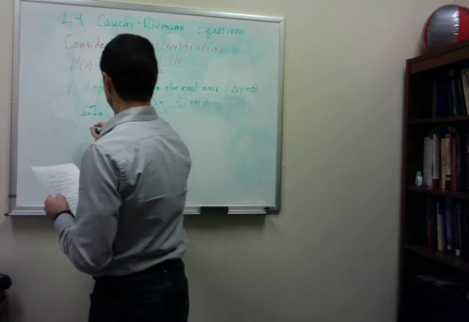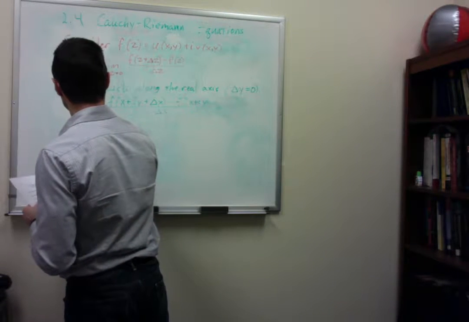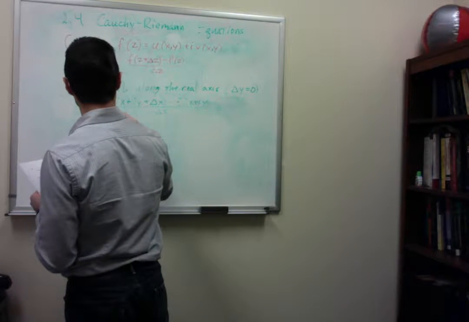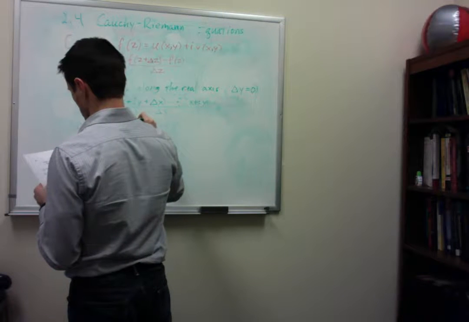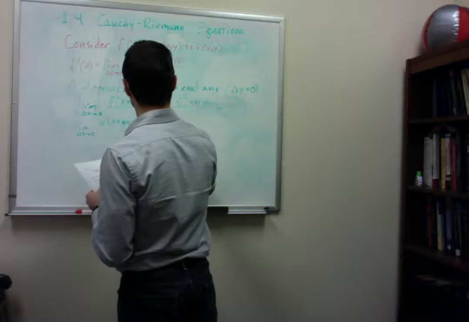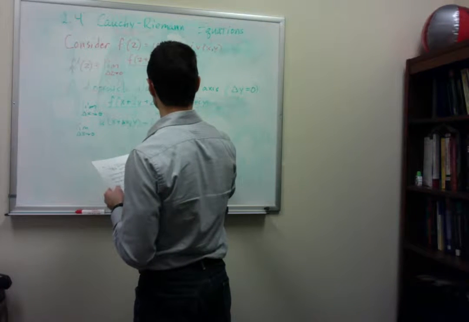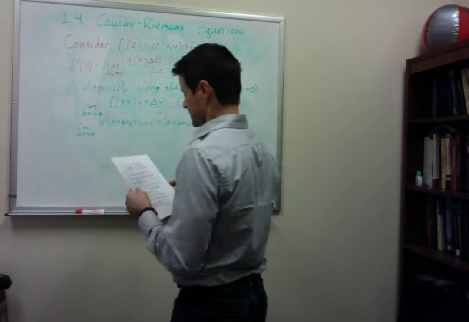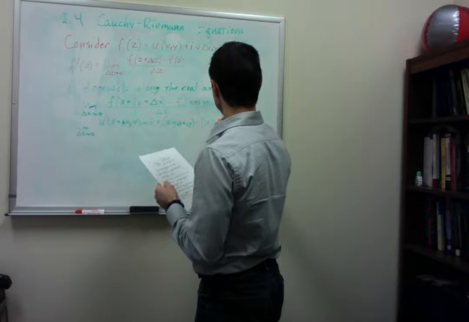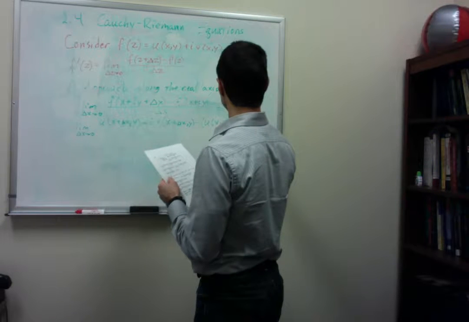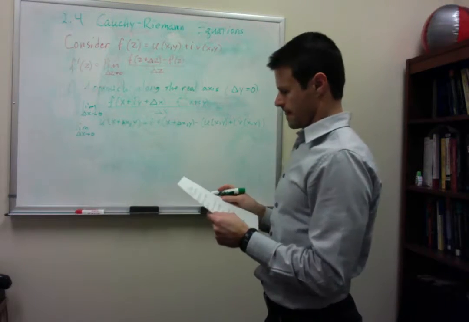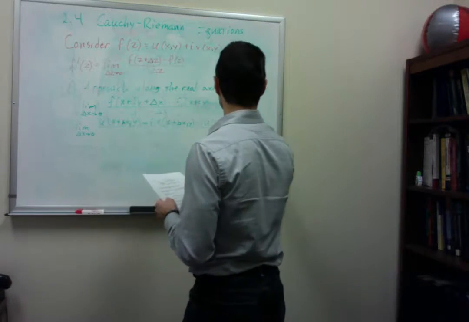So in the next line, the limit as delta x goes to 0 of u of x plus delta x, y, plus i times v of x plus delta x, y, and then minus, in parentheses, u of x, y plus i v of x, y. And this is all divided by delta x.